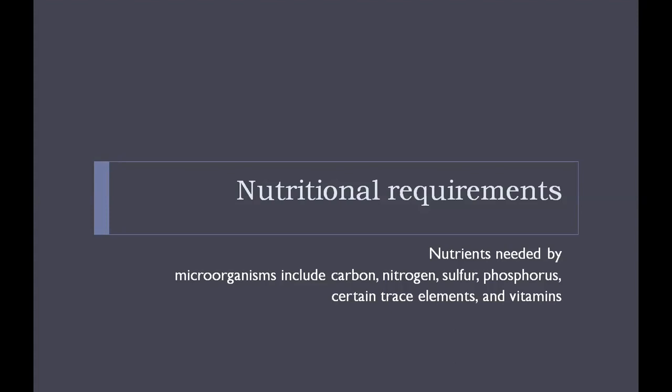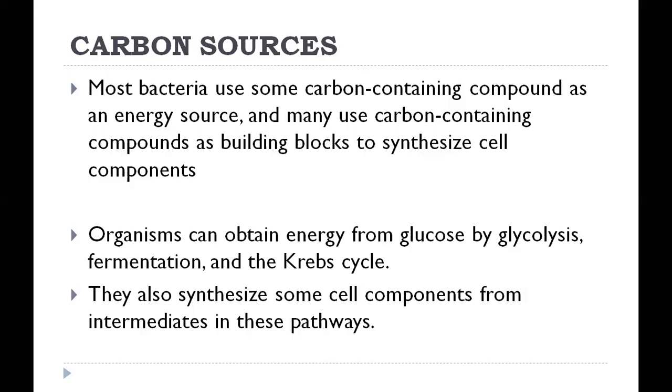And there are a number of other elements which are required in very small quantities. They are known as micronutrients. So let's start with carbon first. Carbon basically acts as a building block for many components of the cell. Bacteria can obtain this carbon from many organic sources as well as from glucose present in the nutrient media, by fermentation, or by the process known as Krebs cycle.